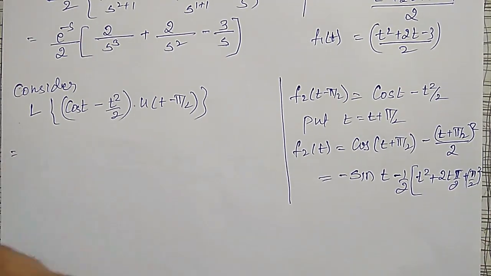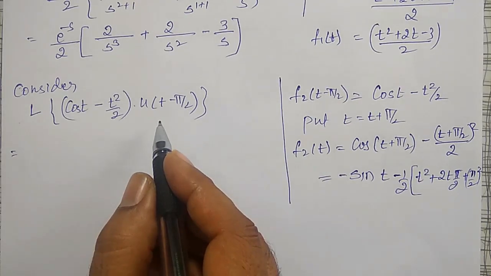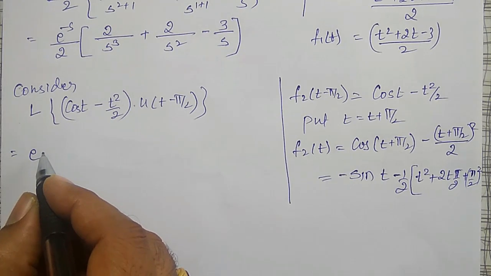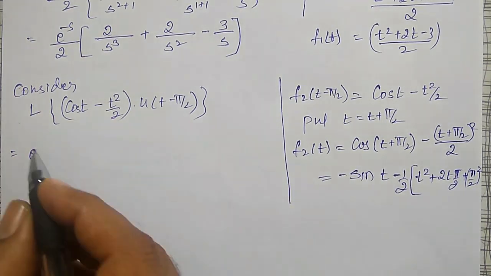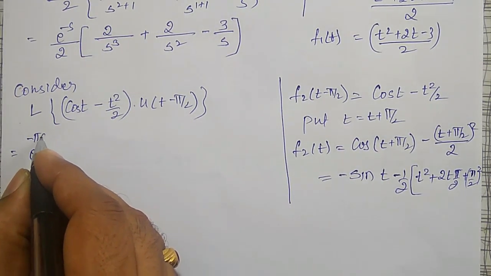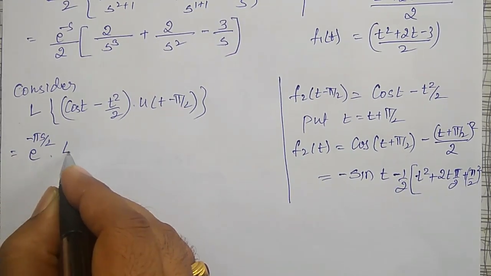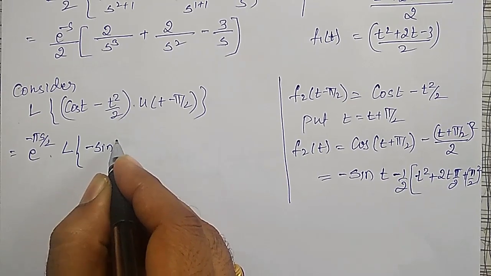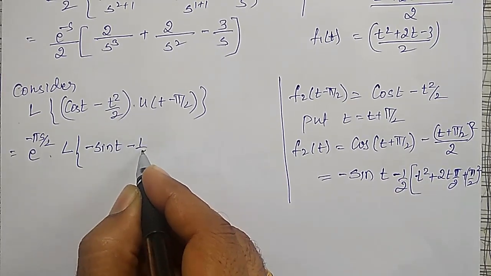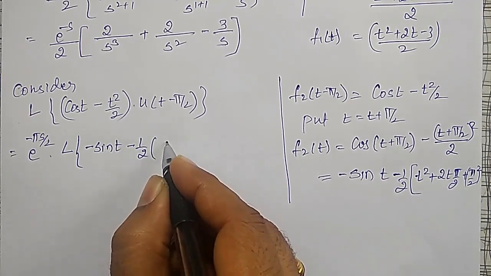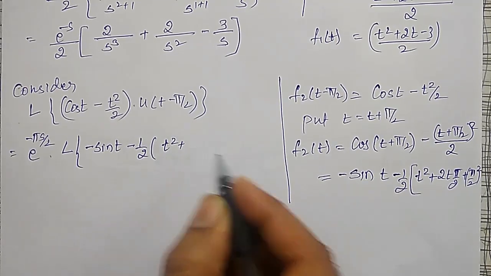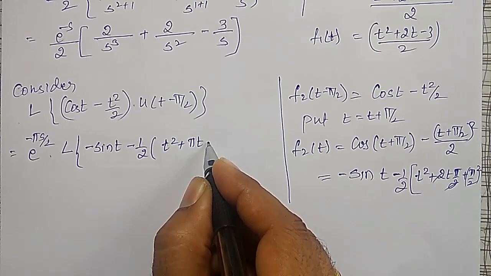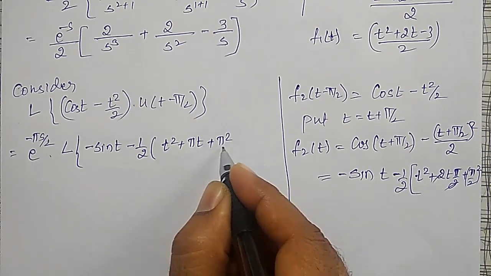Using this, here I can write it as e to the power minus as, a is nothing but pi by 2, therefore e to the power minus pi s divided by 2 into Laplace transform of this term: minus sin t, minus 1 by 2 into t square plus 2 cancels, that is pi into t plus pi square divided by 4.